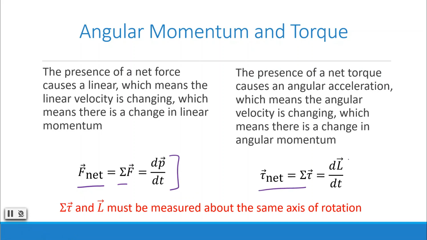Our net torque is equal to change in angular momentum over change in time, assuming that we're keeping a constant axis of rotation. You always have to analyze these from the same axis of rotation. So basically, your net torque causes an angular acceleration. That angular acceleration causes changes in angular velocity over time, so you get this change in angular momentum.